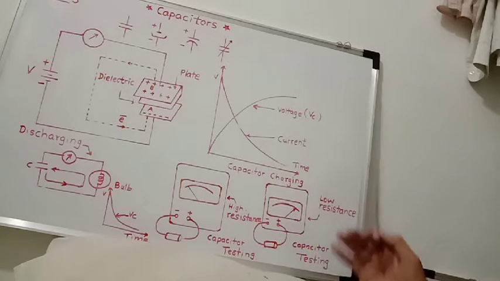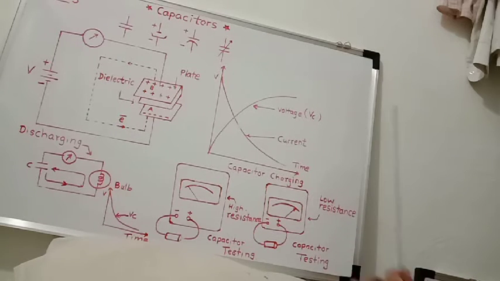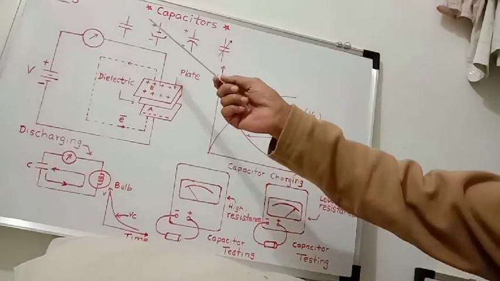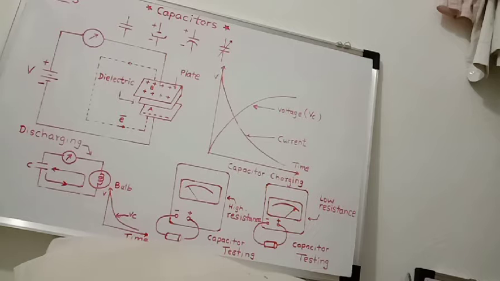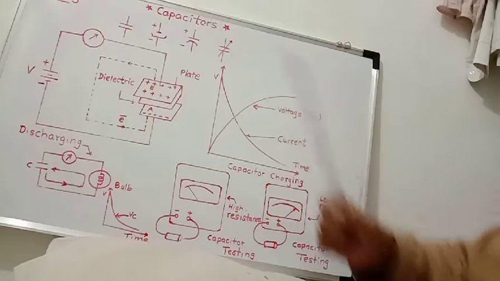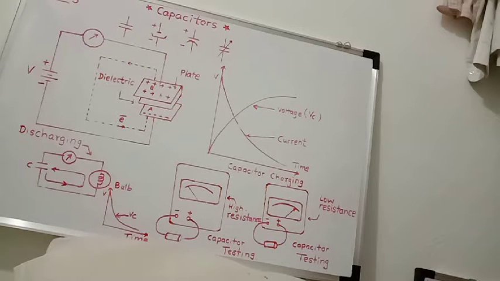That is for connecting multiple stages of amplifiers, coupling capacitors are used. So the capacitor connects the AC signal from one stage to another stage. Then in DC power supplies, electrolytic capacitors are used for filtering.